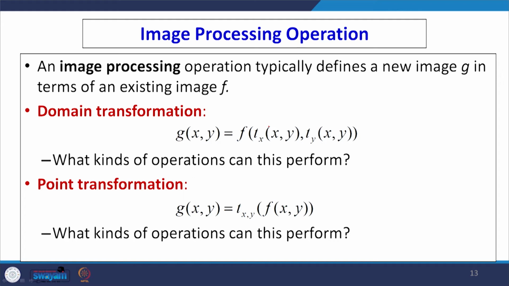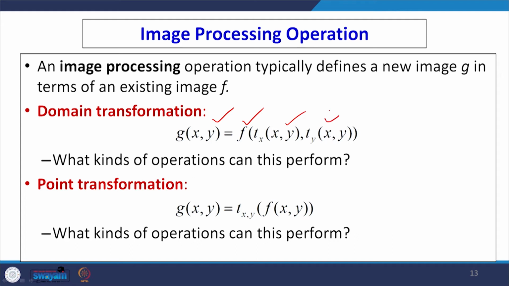Now it is very simple. When you are doing transformations of images, there is one image which is to be transformed and we should get the enhanced image as the output image. Here there is a mathematical representation where g(x,y) is my output image, the enhanced image, and there is a function which we apply to my input image data. We can have a point transformation or a domain transformation.